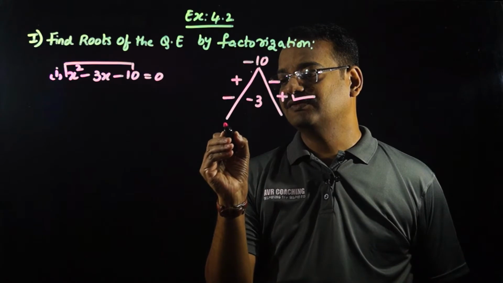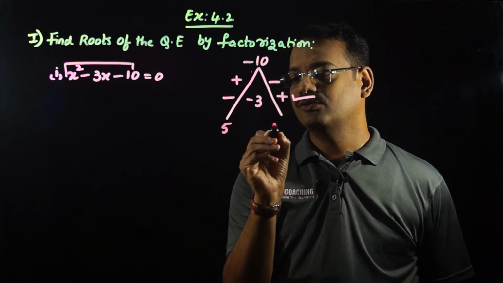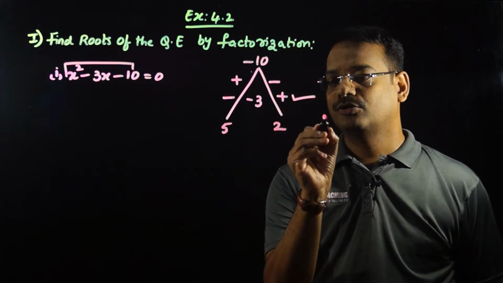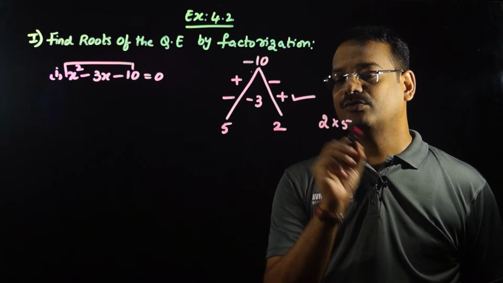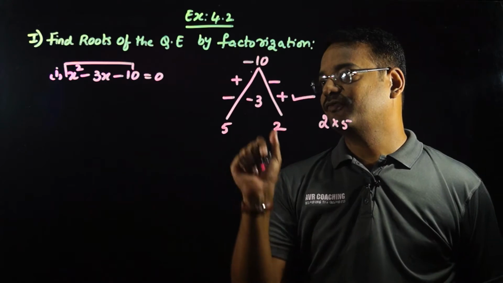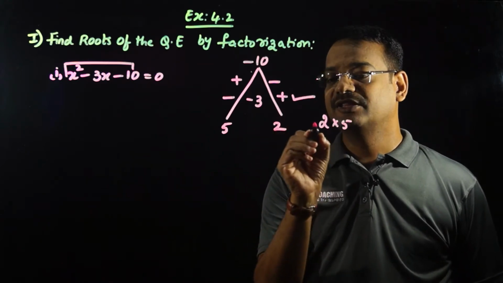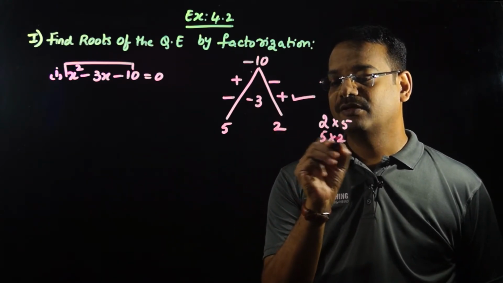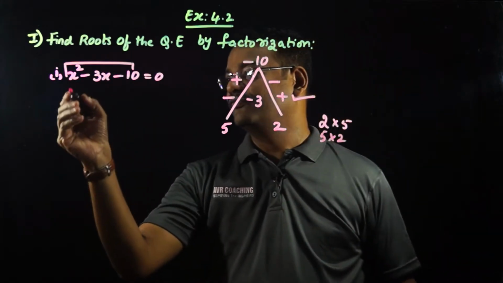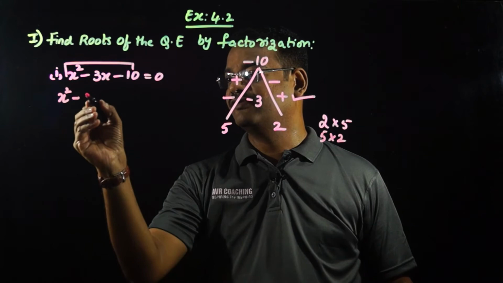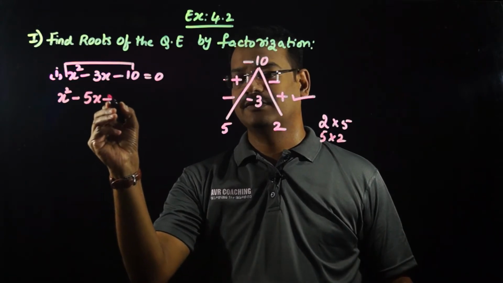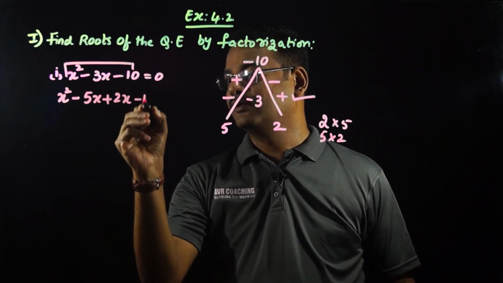The only option is 5 into 2 or 2 into 5, but the condition for factorization, splitting of middle term, is the bigger number should be the first number. So when we split here, x square minus, in place of 3x we will write minus 5x plus 2x minus 10 equal to 0.